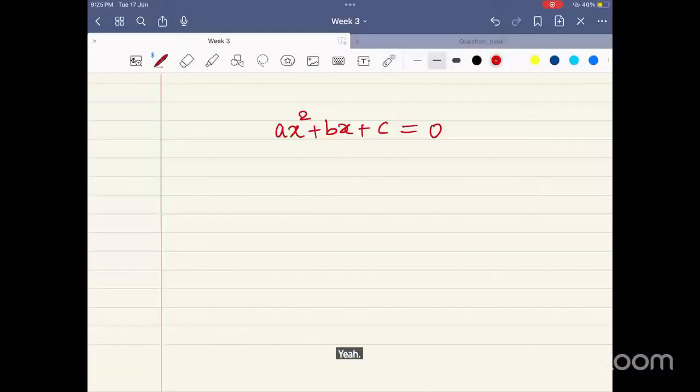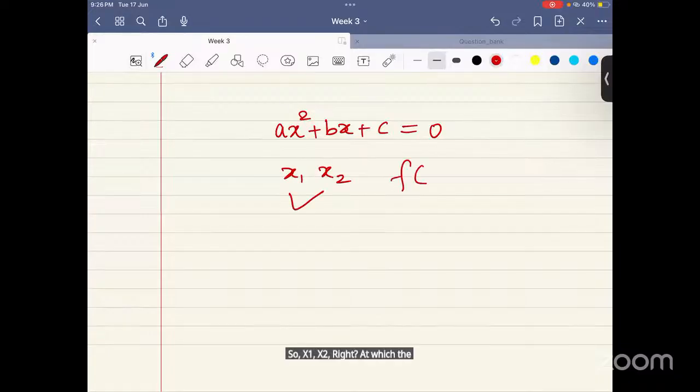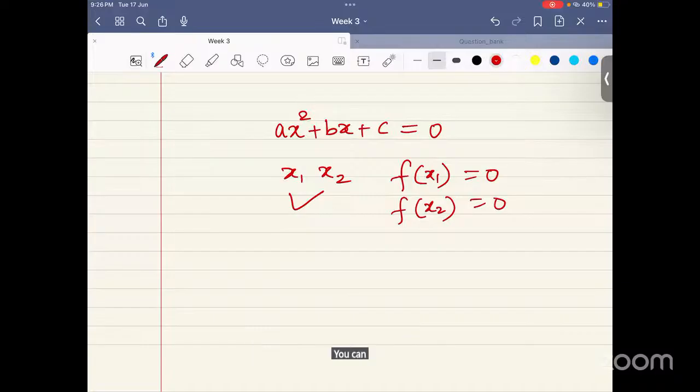Those points are known as the zeros of the function. So x1, x2, at which f(x1) equals 0 or f(x2) equals 0. So x1, x2 you can say are the roots of the quadratic equation, or the zeros of the quadratic equation, or the x-intercepts. The x-intercept is the point at which it will cut the x-axis.